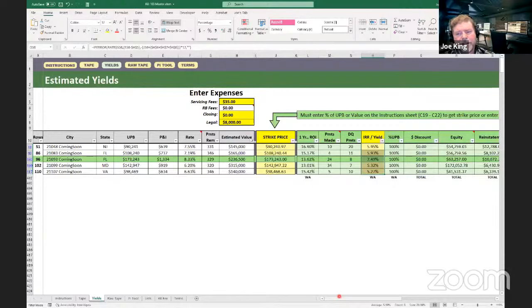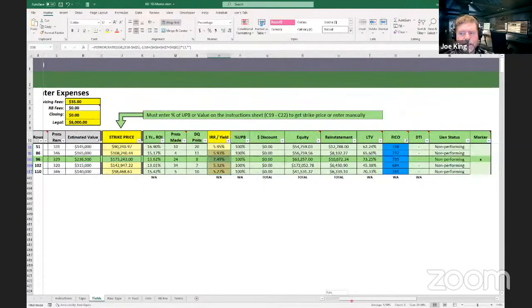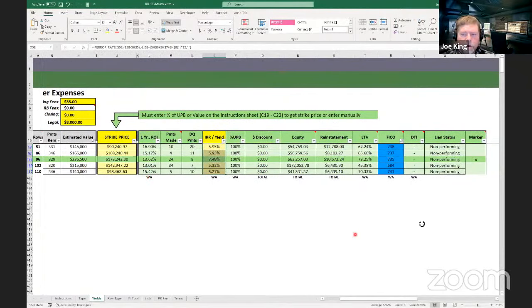But if you understand the basics and some of the basic information that you need to make an informed decision, that's really what I'm trying to get at. If you take anything away from this, it's that this is the core of the information you need to make that informed decision right here, what we're looking at.